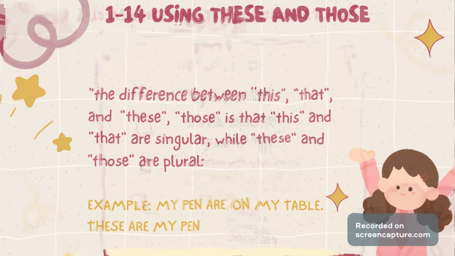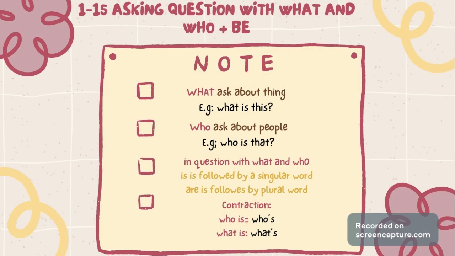Okay. Next, asking questions with what and who plus be. We have to know the difference between what and who. What asks about things. Example, what is this? Who asks about people. Example, who is that?